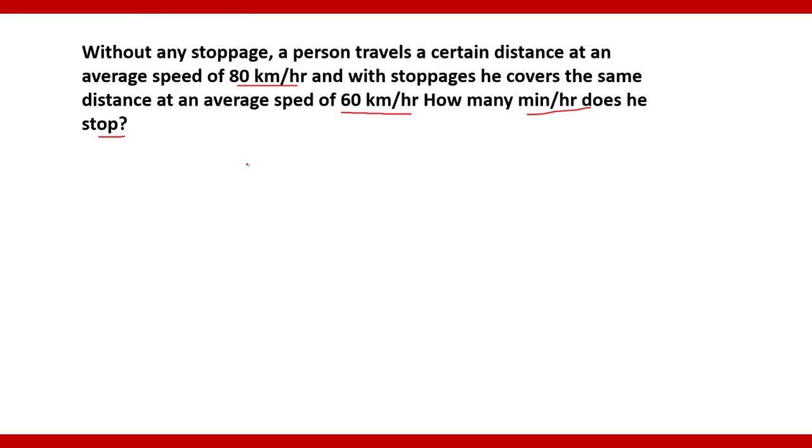Now a person starts from one point to another point with a speed S1 equal to 80 km per hour, and S2 is another speed, that is 60 km per hour.